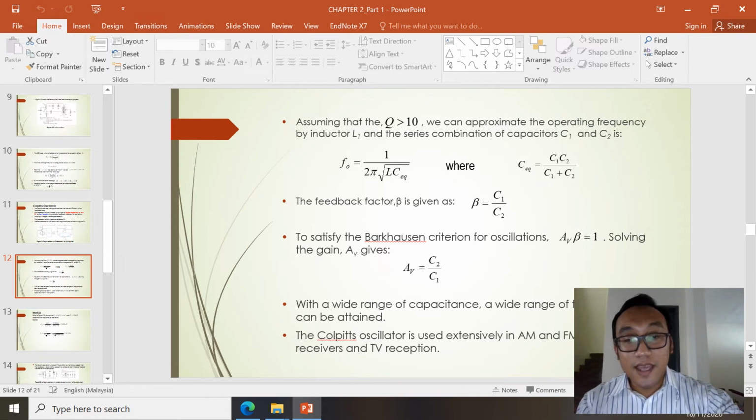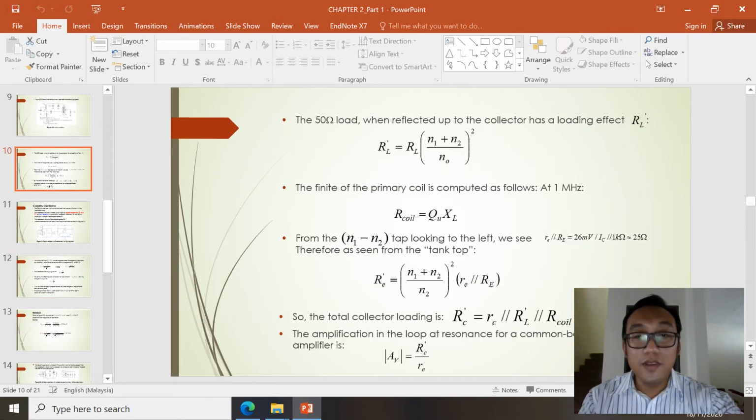So the gain is totally dependent on C1. When C1 is smaller, the gain is bigger. When the gain is bigger, C2 is also bigger compared to the Hartley. Where is the Hartley?